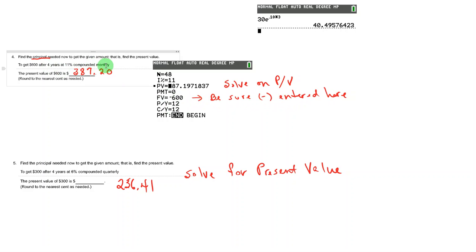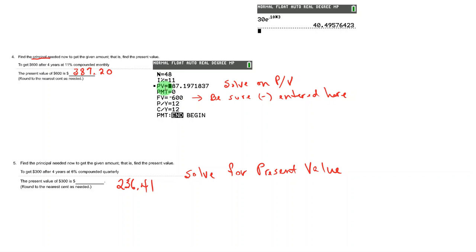So that's 12 times every year for 4 years, so your big N will be 48. 11% interest. We're going to be solving on this, so just leave that at a 0. Payments is 0. FV is negative 600. PY is 12, and that'll automatically make CY 12. So we got all of that in.